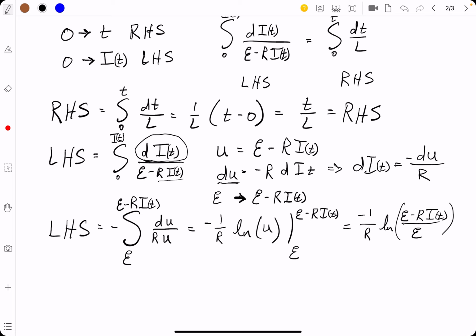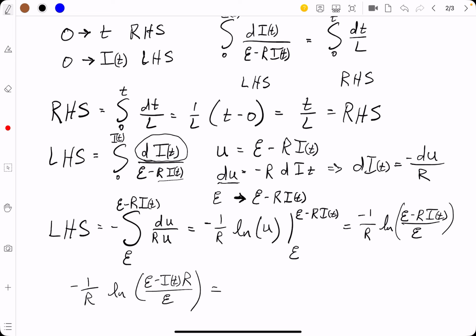Okay? So now we can put the right-hand side equal to the left-hand side. And so on this side, we've got our natural log over this.